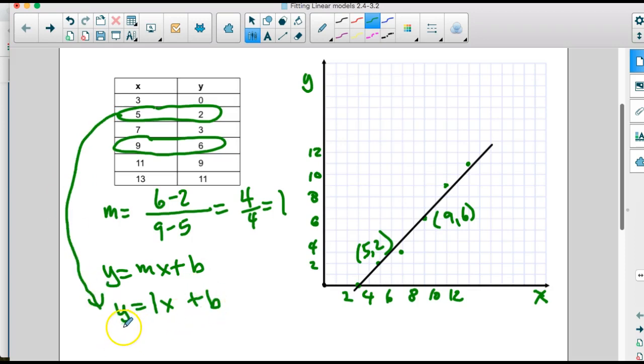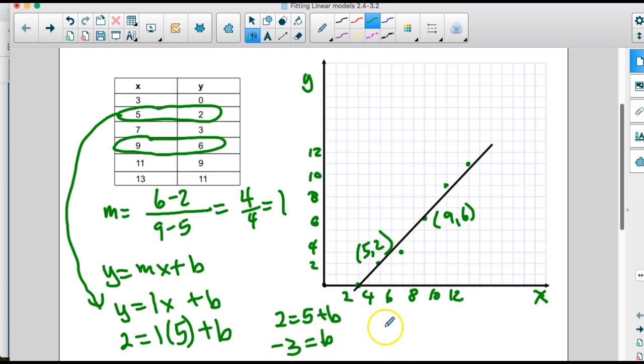So y is 2, x is 5. We would then solve that: 2 equals 5 plus b, so b is going to be -3. So my equation for this line is y equals x minus 3, because we don't have to put the 1.